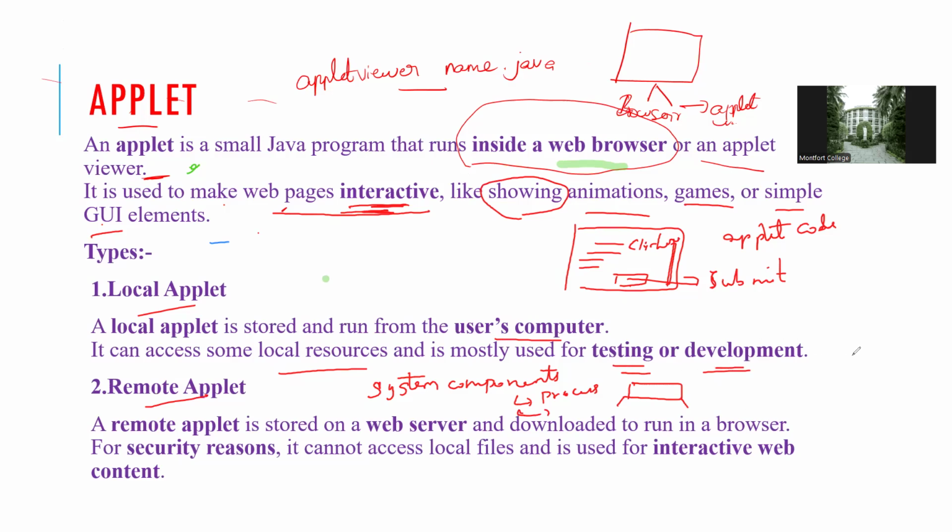So if you are making one applet code which is used to develop a web page, then we have to test whether it is working or not. See, the addition of two numbers program we have studied in applet. We will give two numbers, and those numbers will be added. After giving the two numbers, there will be a plus symbol in a box.